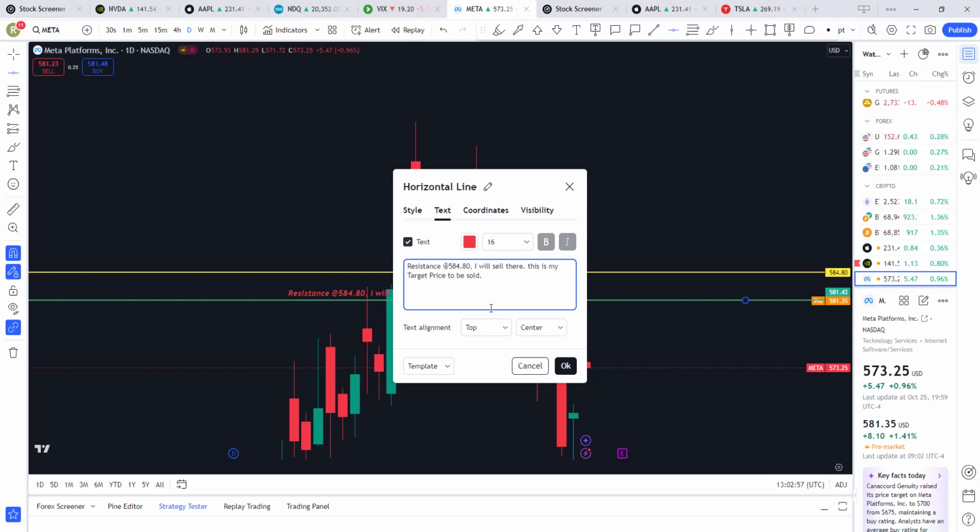This one is a support. Anyway, let me just put it as 581 to buy. But let me just, because I want it there, 581.43. I will buy because it's on the support, because I put it there. I will buy.